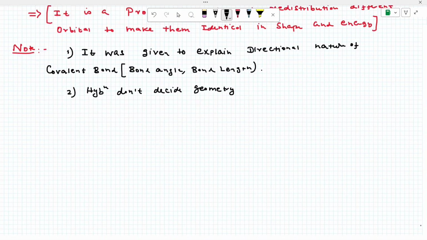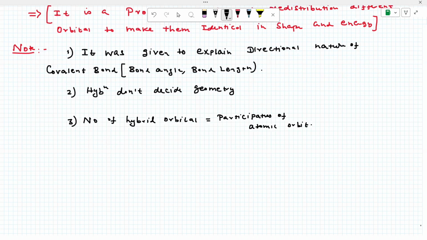The number of hybrid orbitals. What is hybrid now after mixing? Okay, the number of hybrid orbitals is equal to the number of participating atomic orbitals. Very important, please note.